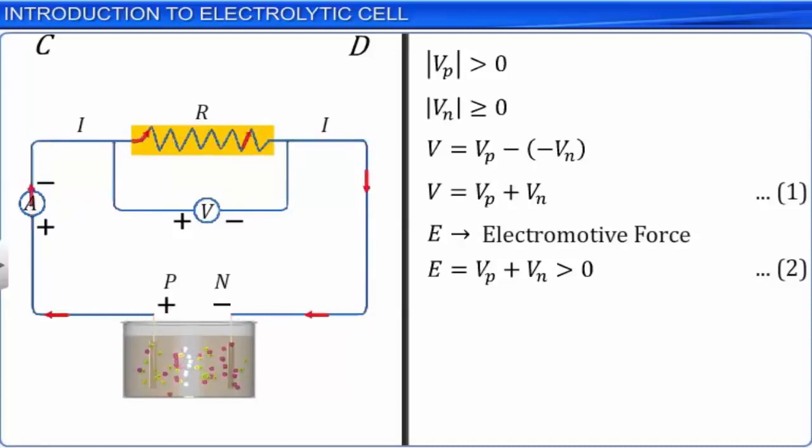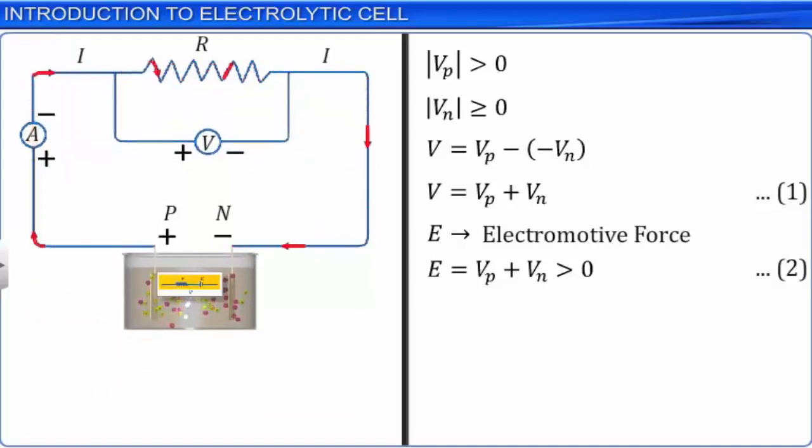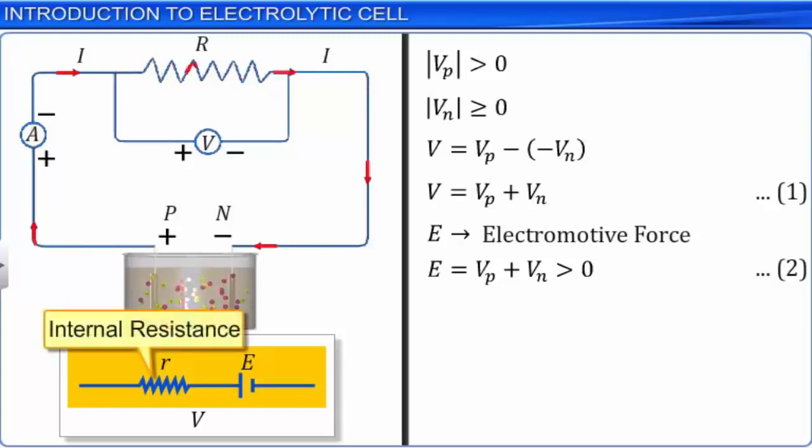A current I is established from C to D. As a steady current is maintained, the same current I passes from P to N in the external circuit and from N to P within the electrolyte present inside the cell. As the current passes through the electrolyte, it must have a finite resistance r, which is known as the internal resistance of the cell.